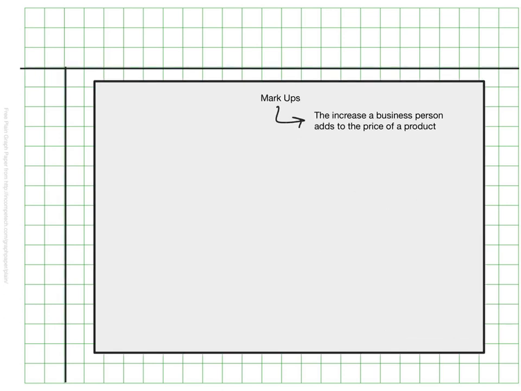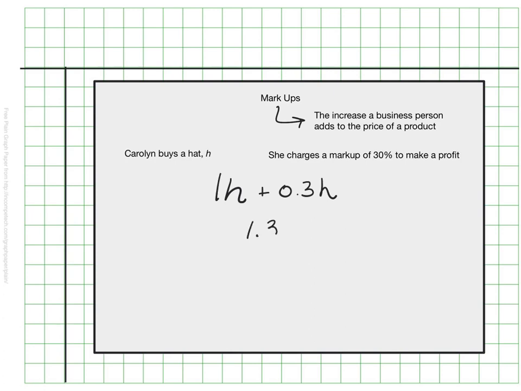We also see percentages in what we call markups, which is how businesses make their money. They buy something, they sell it for a higher price, and they keep the profit for themselves. Which means if Carolyn buys a hat from a wholesaler, and then she wants to charge a markup to be able to make a profit, that means she's going to charge the price of the hat plus an extra 30% of the hat, or in other words, she'll sell that hat for 1 3/10 of the hat's original price.